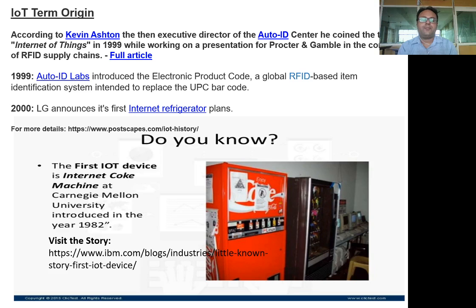Some of the basic purposes were to check the stock, to perform market research, to collect usage statistics, and to monitor the temperature, right? Later this concept was enhanced, and it came up with the new word used by Kevin Ashton in the Procter and Gamble lab, the Auto ID Center lab, and that was Internet of Things.